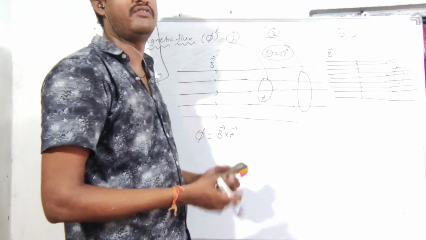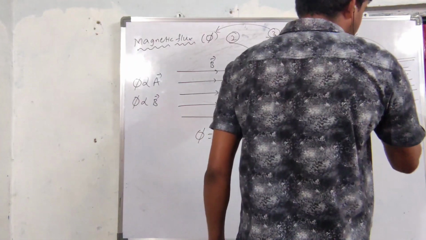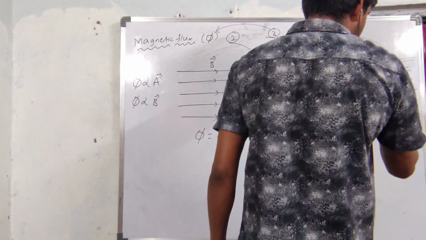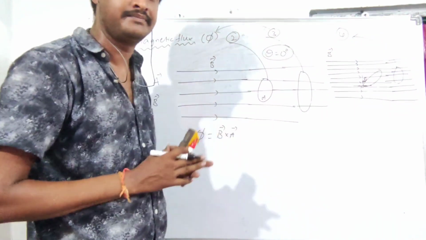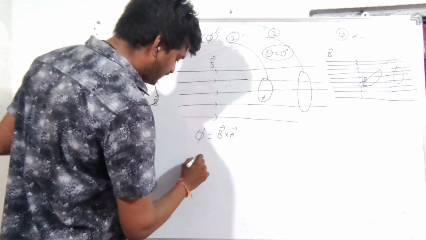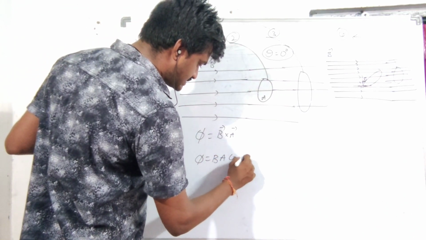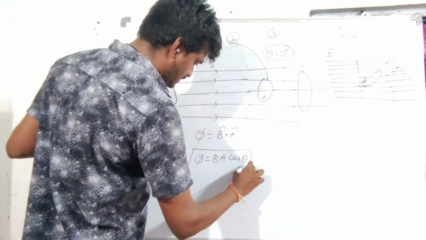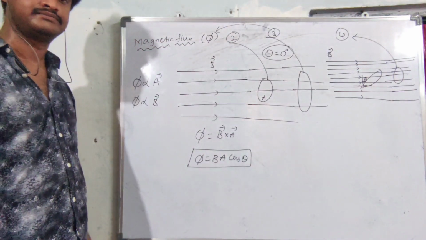With respect to some angle theta, we need to find the magnetic flux. Then magnetic flux phi is equal to BA cos theta.